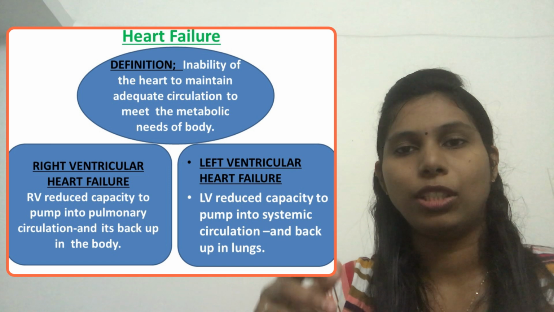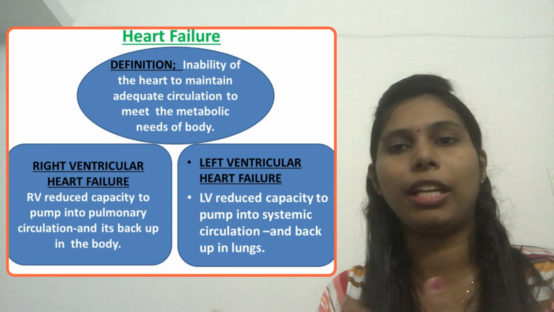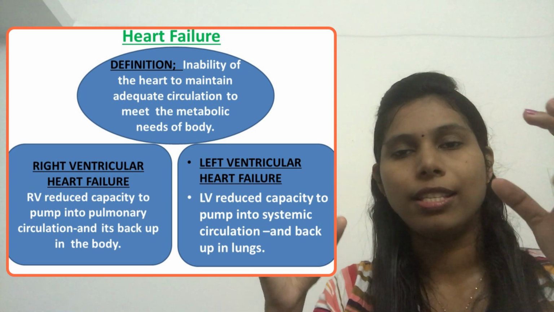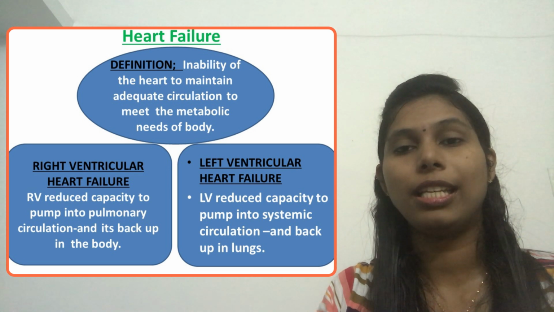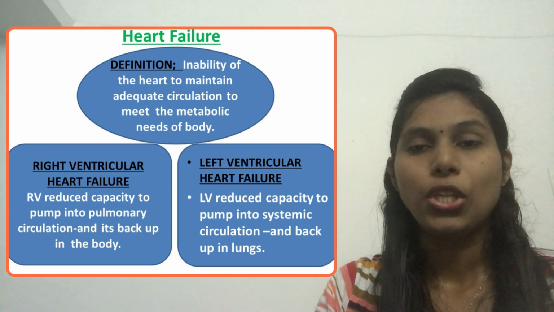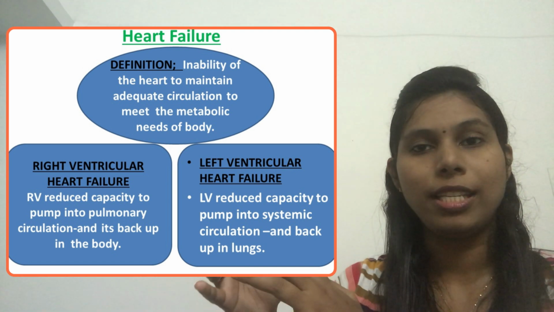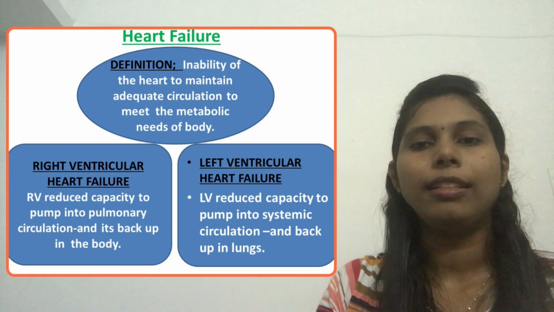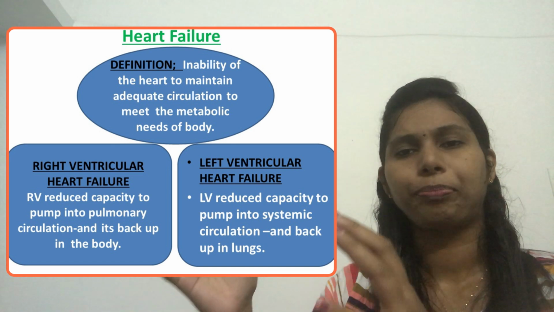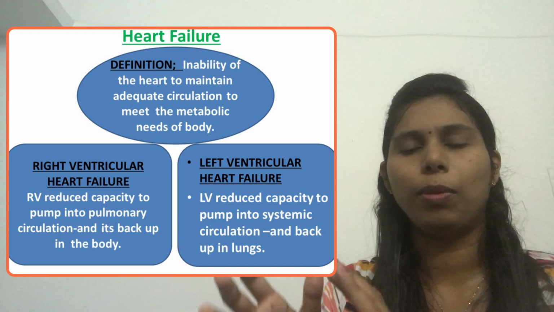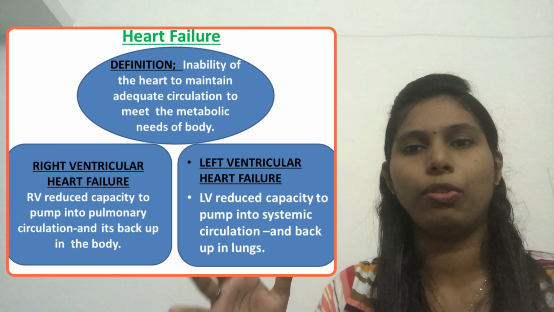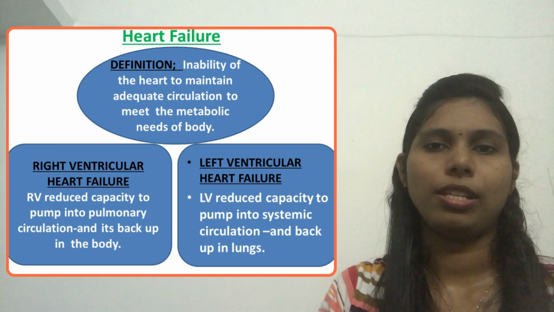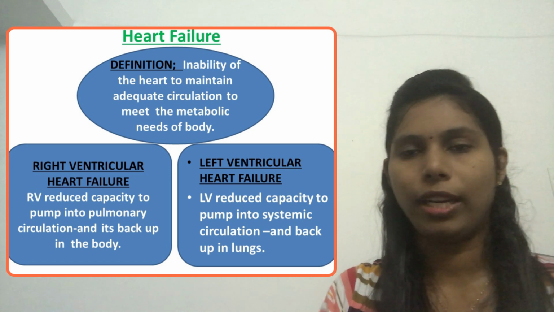But maybe some kind of issues or some other infection, or maybe the client is not properly maintaining what was instructed during discharge, there is a chance of exacerbation. So in that case, the client will come to the emergency as a case of acute exacerbation of congestive heart failure. And the other one, chronic, the client is already diagnosed for a long period of time and is following all the treatments. That is the common acute and chronic type of heart failure.